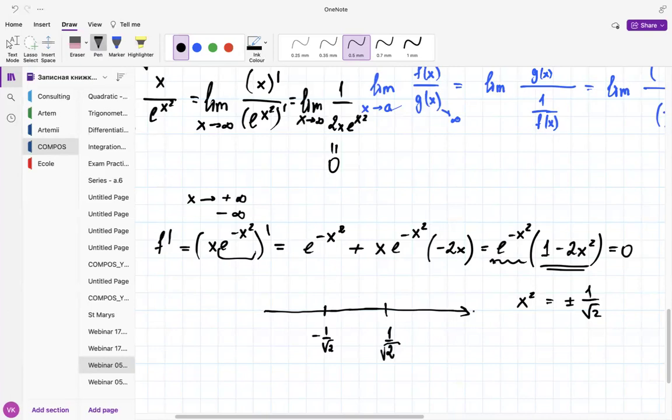I look at a numerical line. I have this 0 point. And let me now explore. If I take x bigger than this value, then the value in the brackets is actually negative, right? Is it? No, just give me a second.